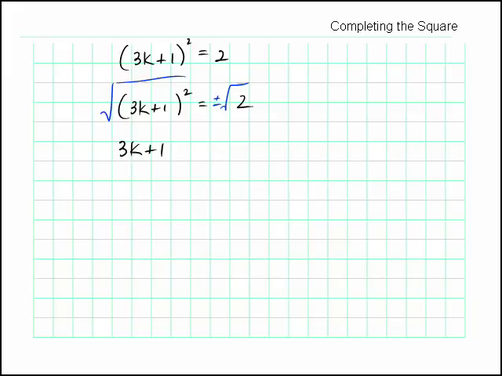The square root and the square cancel themselves away. On the right side, we have plus or minus square root 2. There's no way that we can simplify that. I'm now going to split this into two separate equations. 3k plus 1 could be the positive square root 2, or 3k plus 1 could be the negative square root 2.